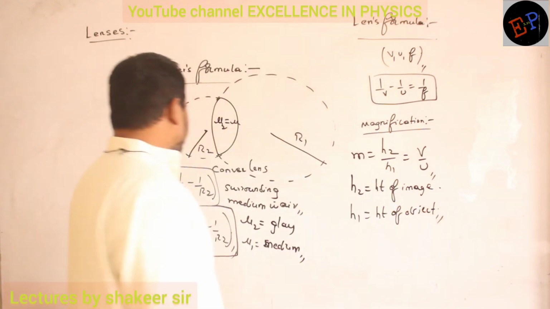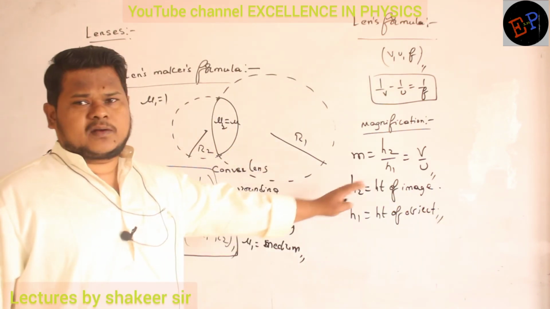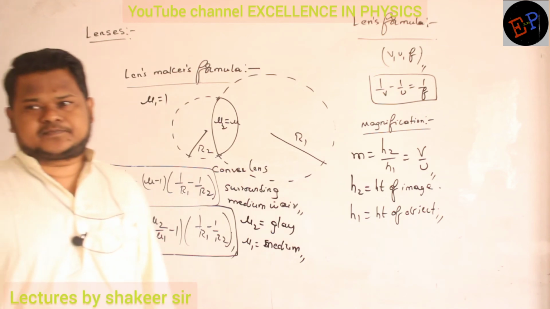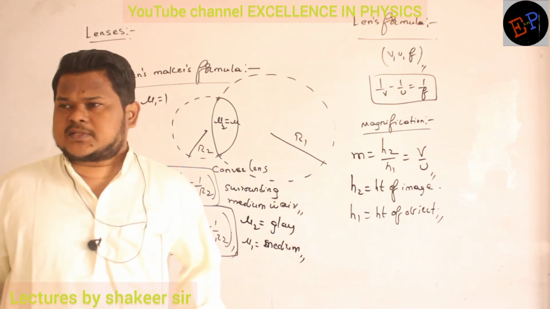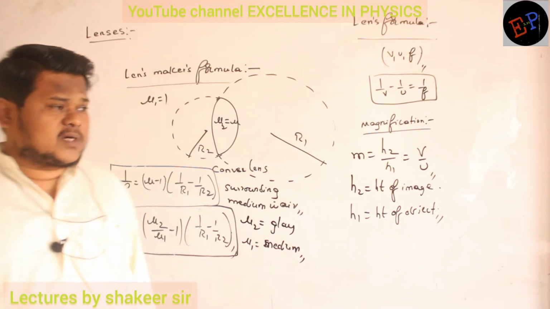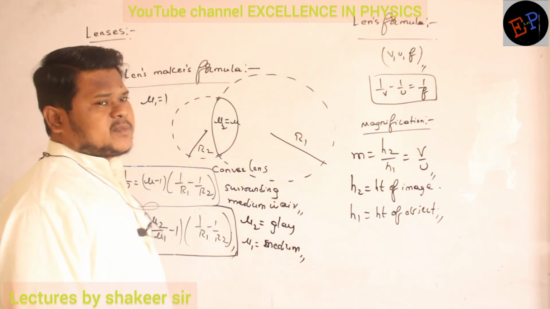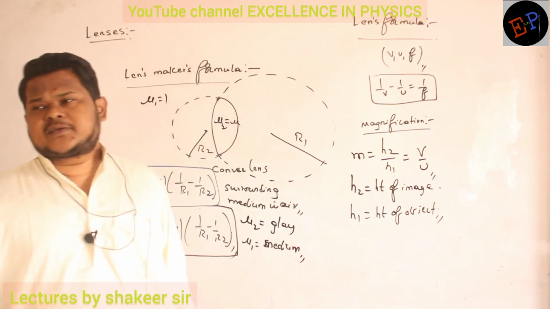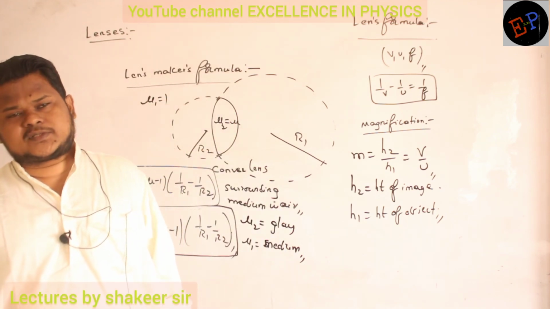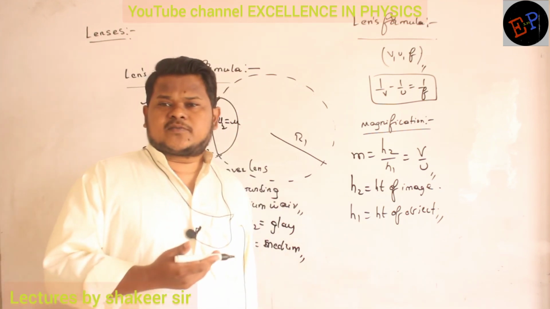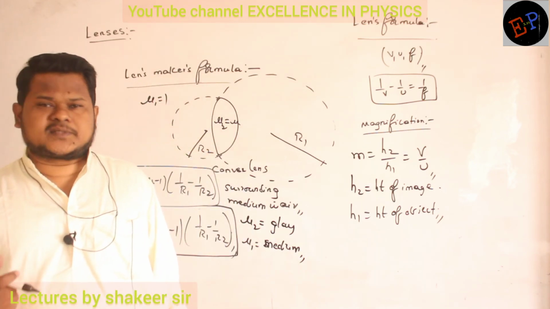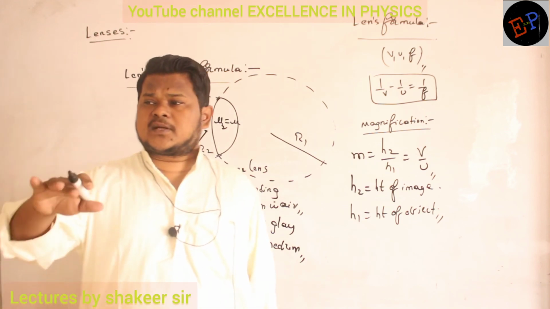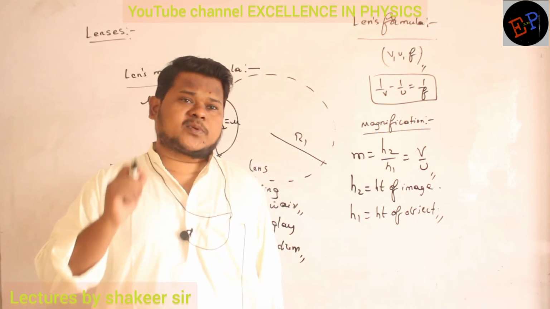In all these formulae, always you must use the sign conventions. In mirrors we have written the sign conventions, and the same sign conventions we will use here also. Every distance you should measure from the pole, and here instead of the pole we have the optical center. If you are measuring in the direction of light, such distances are positive.